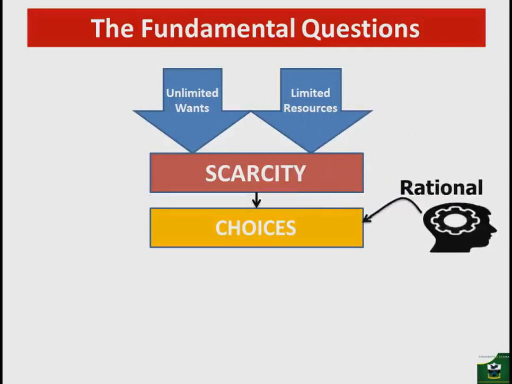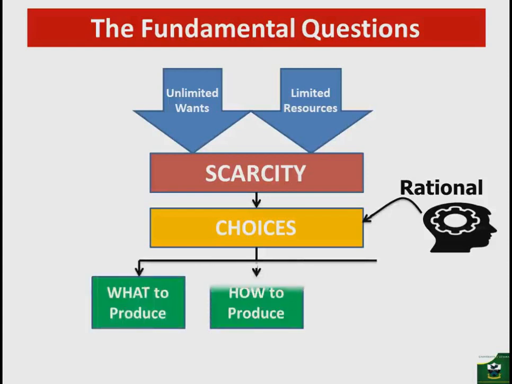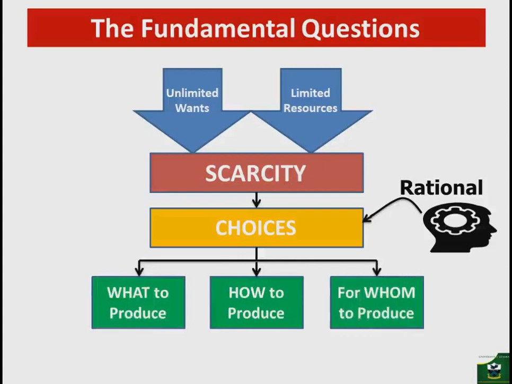Otherwise, if we are irrational, we will make decisions that are not optimal, and therefore will distort the operation of the market as well as individual welfare. In making these choices, firms or producers will have to decide on what to produce, how to produce, and for whom to produce.